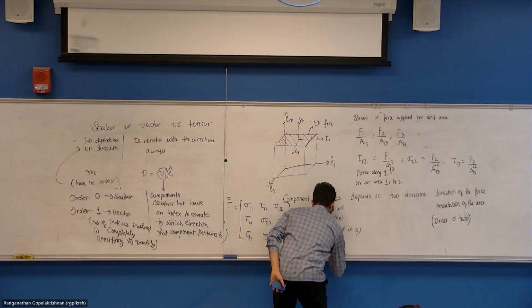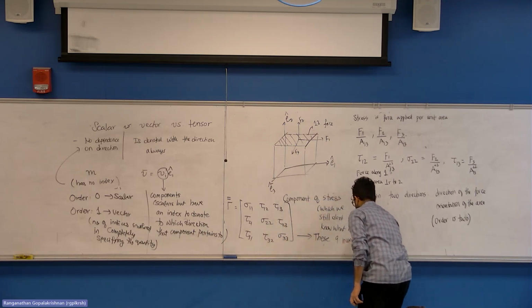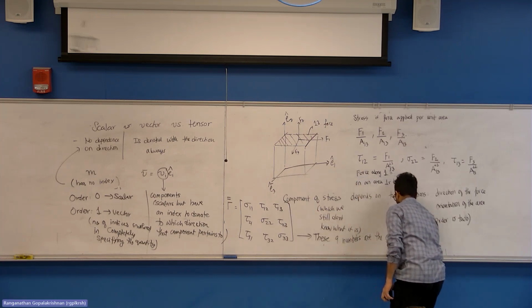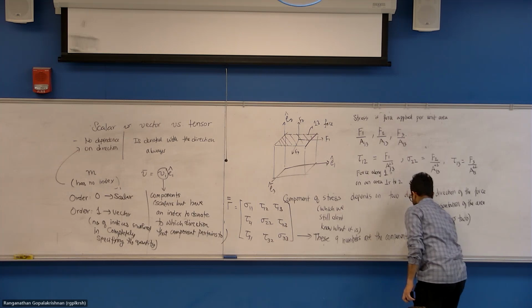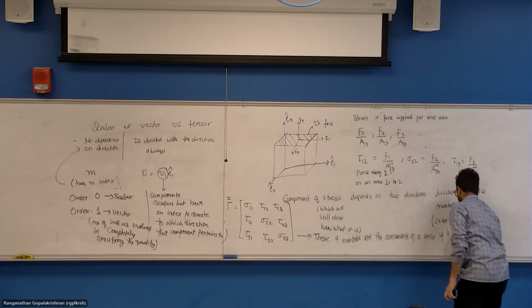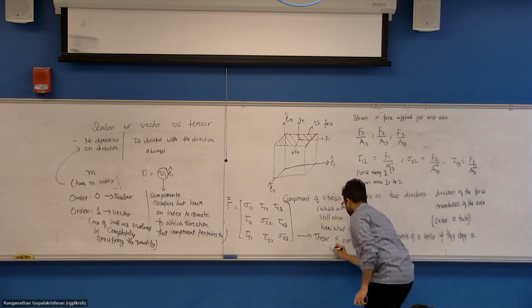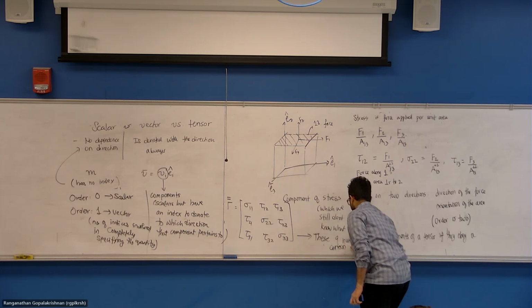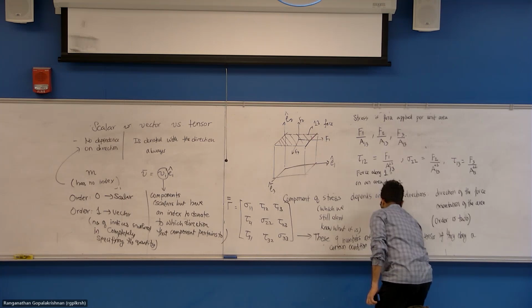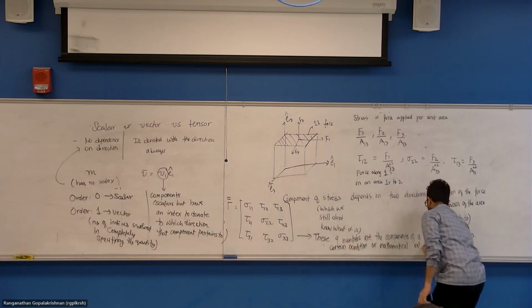These 9 numbers are the components of a tensor if they obey a certain mathematical relationship.